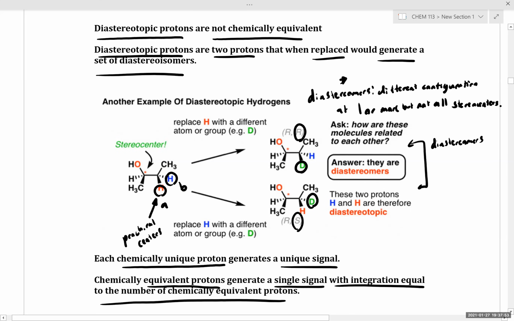Does that term seem familiar to everyone? Prochiral center, a center that when you replace a proton with another group, it becomes a chiral center. Does that sound familiar to everyone? Perfect. Any other questions on this example and this idea?